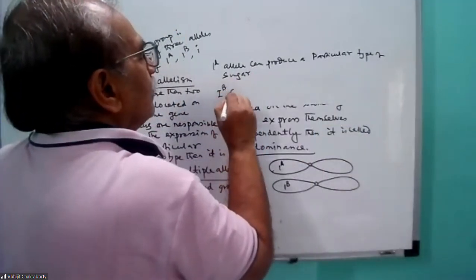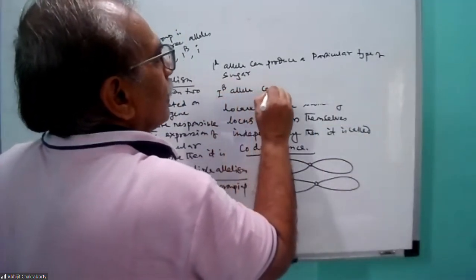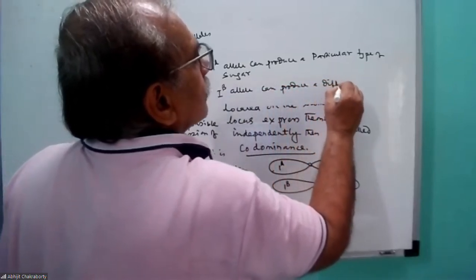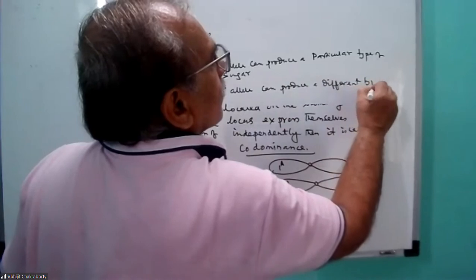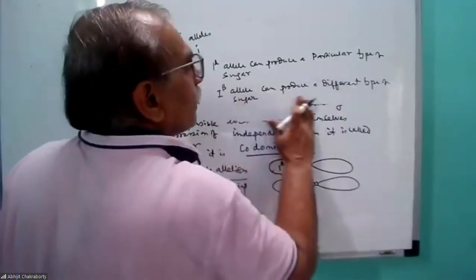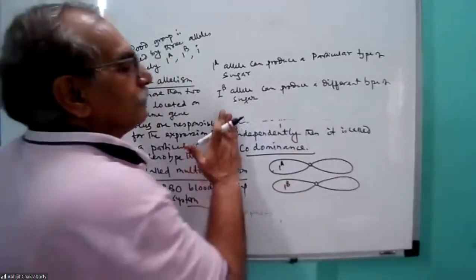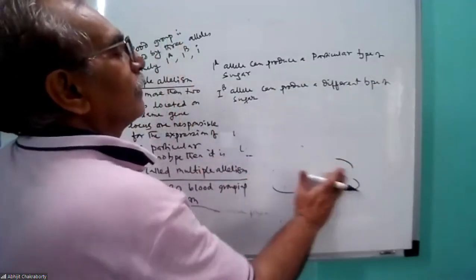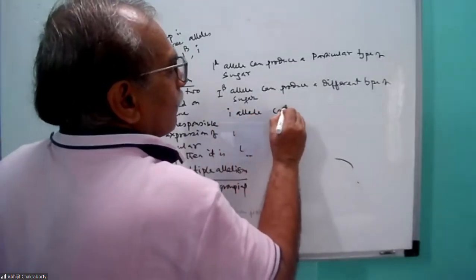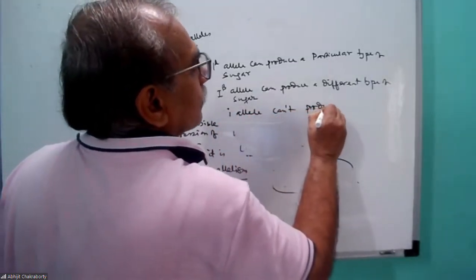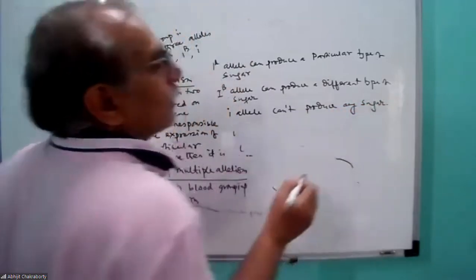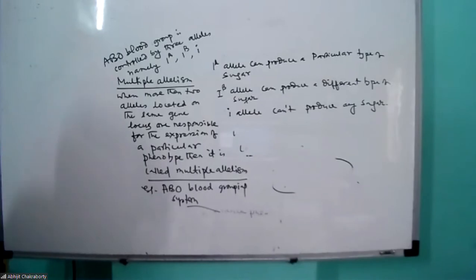IB allele can produce a different type of sugar. Clear? i allele can't produce any sugar. Is it clear to you now?